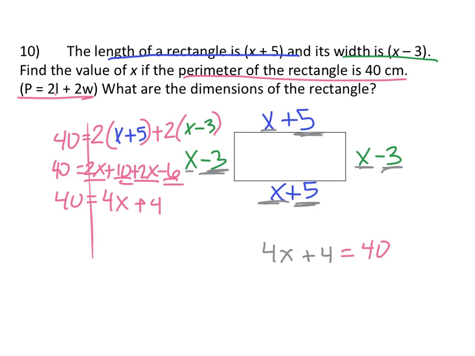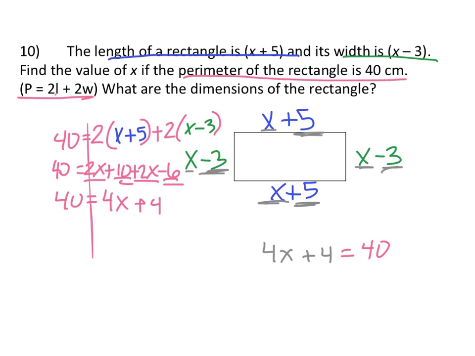So here I distributed the 2 to both sets of parentheses, combined like terms, and you see we're left with 40 equals the 4x plus 2. So it doesn't matter if you go with the formula or the picture and add up all your sides. In the end, you're going to get the same answer or the same expression.